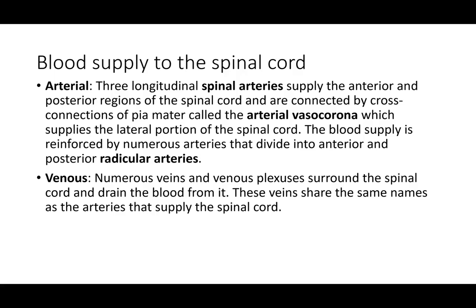All right, there's also going to be all that cerebrospinal fluid again, but let's talk about blood supply. So just like the brain needs blood supply, so does the spinal cord. So we do have arteries and veins coming to this region.